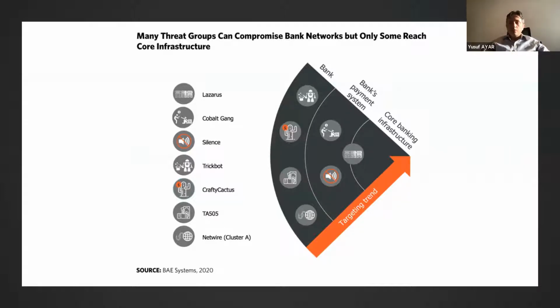And on the right side, you see what they are focusing on. Of course, the inner circle here, the core banking infrastructure, is the deadliest one for the banking system in terms of impact. And unfortunately, the targeting trend is towards the inner circle. So every one of these actors tries to attack the inner circle, which is more dangerous.